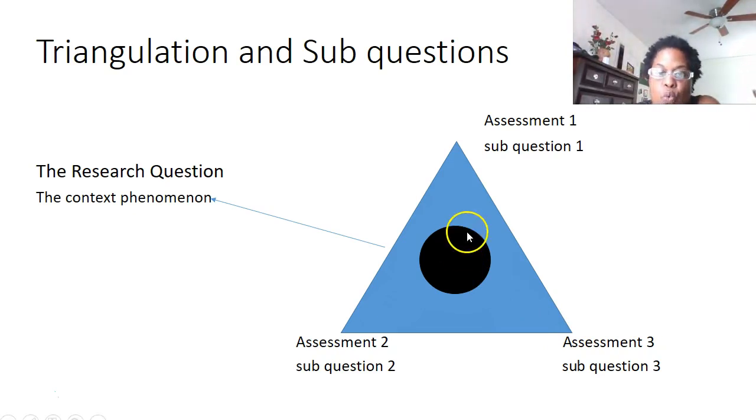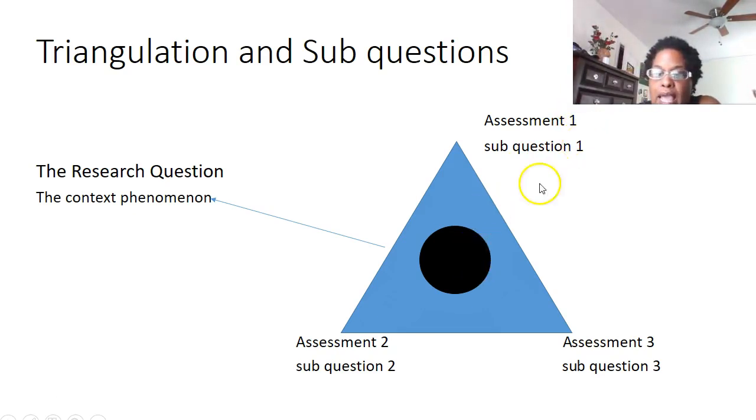When we look at our sub-questions, we're taking the research question and breaking it down into smaller, more observational pieces, so that we can then attach an assessment to it. So we have something that goes with the sub-question to evaluate what's going on.